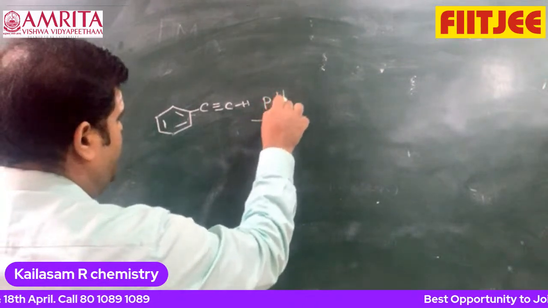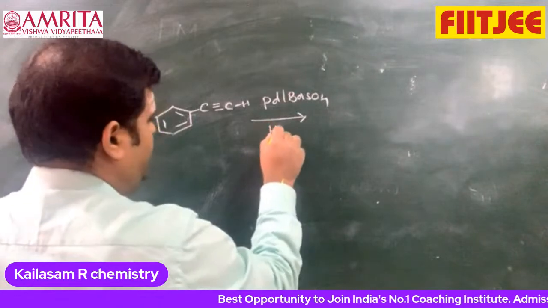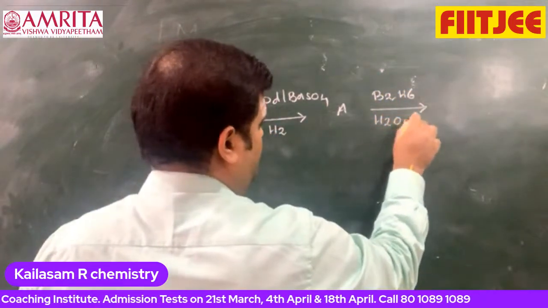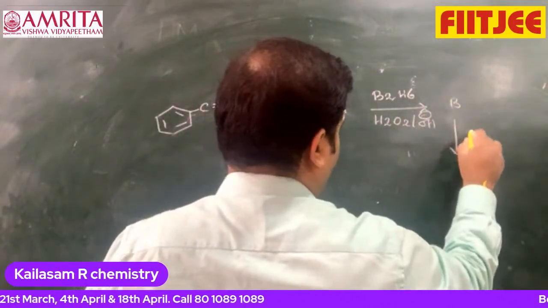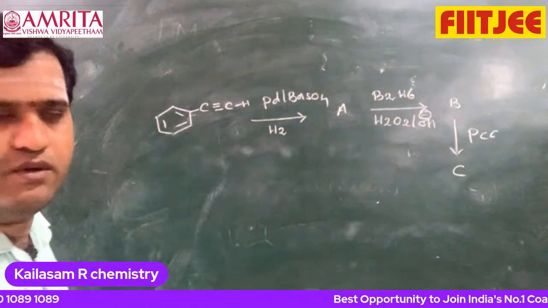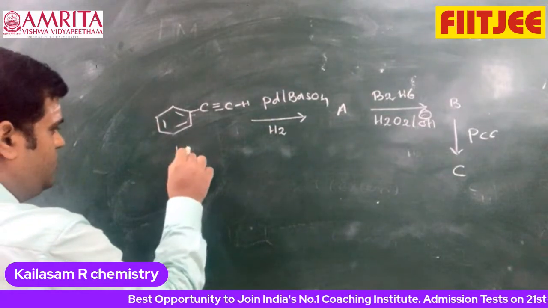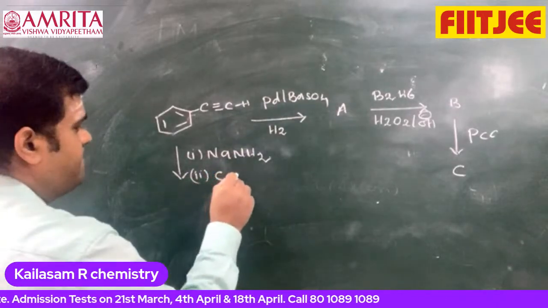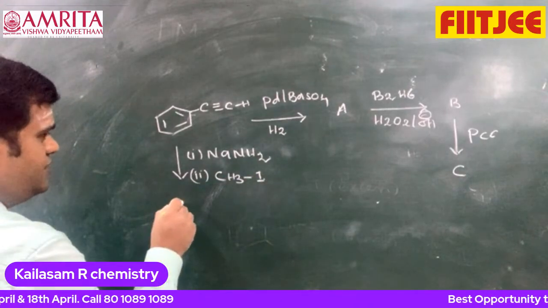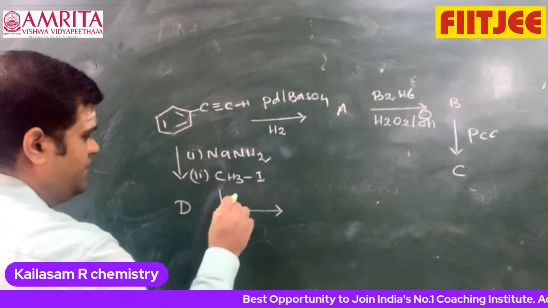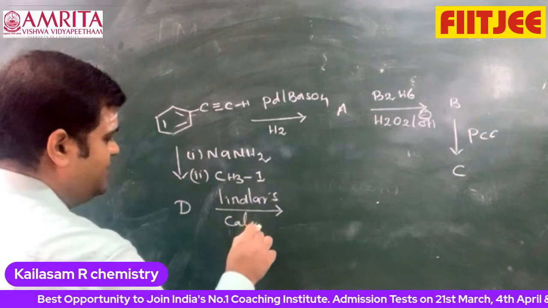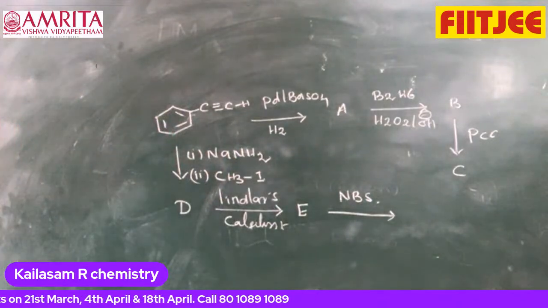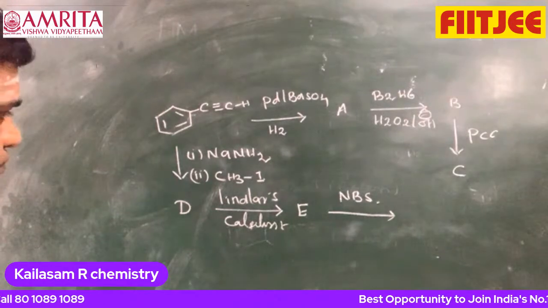I am using palladium barium sulfate with H2, call this A. Then B2H6, H2O2, OH minus, B, then PCC, C. Now I am going with NaNH2, then CH3 as the alkyl halide, that is D, and I am going to use Lindlar's catalyst, that's E. Then I'm going to use NBS, 1 mole.